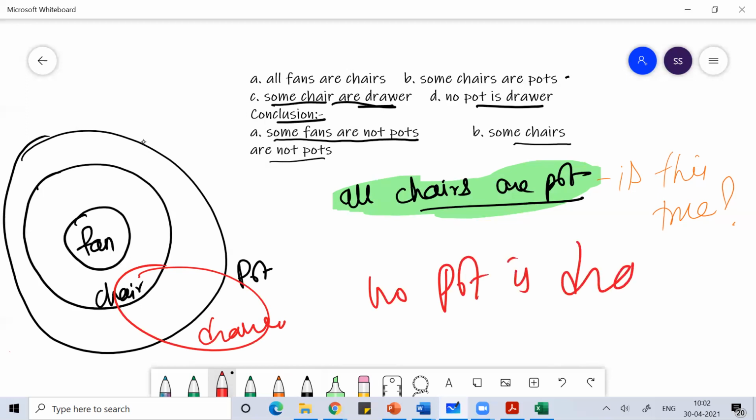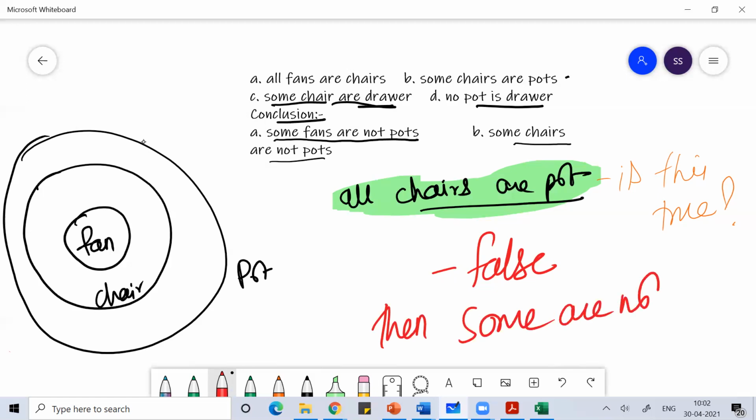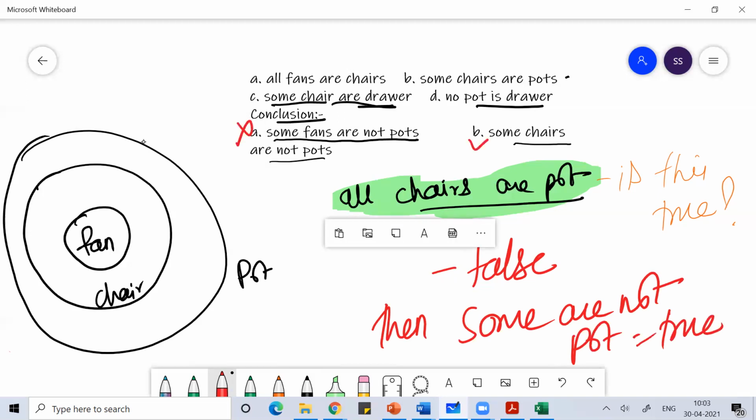That is given in our statement. In that way you can understand that "all chair are pot" is false. So if that is false, then "some chair are not pot" is true. So here this will not be true.